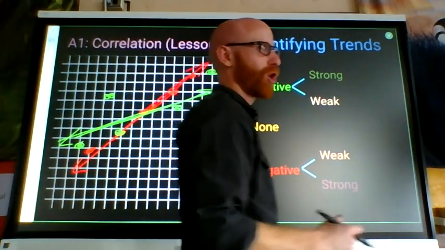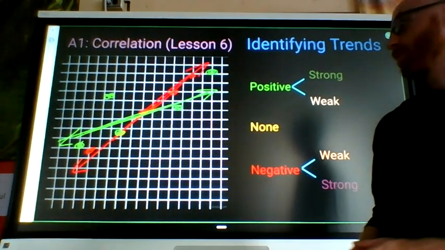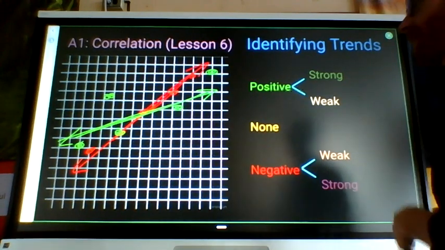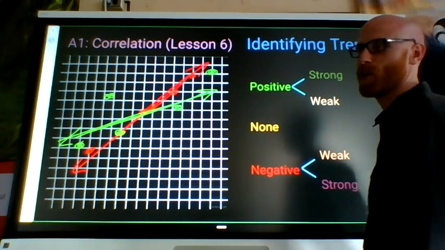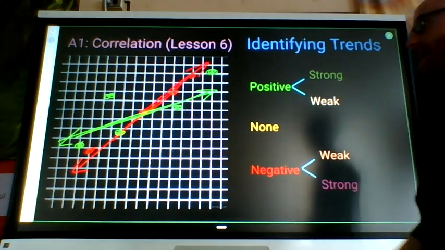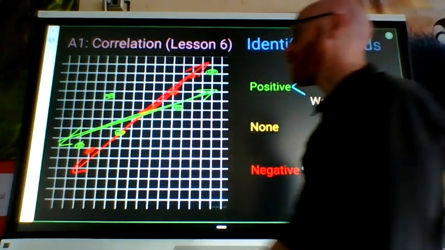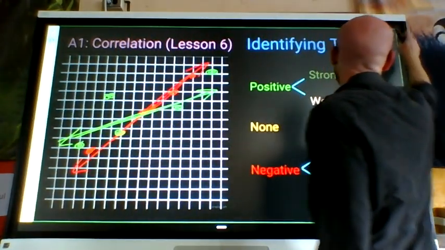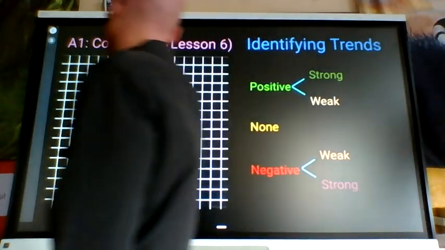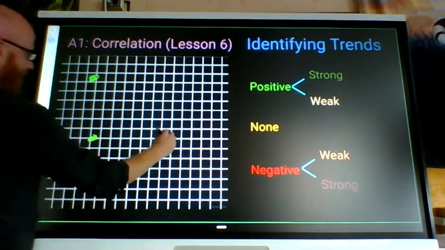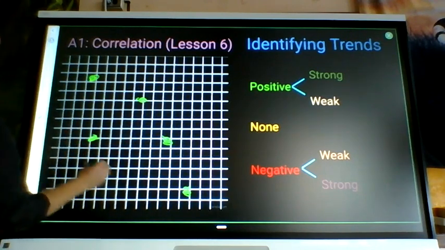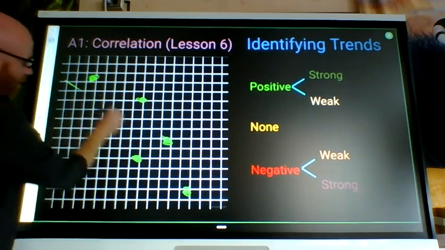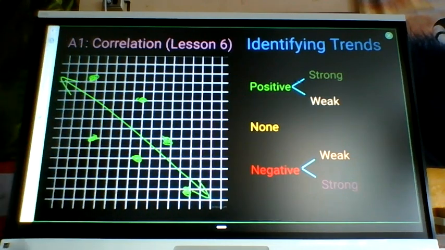If you have a strong negative correlation, you're going to be able to draw a negatively directed line, a line that goes down from left to right, that all of the points hug very closely to, right? And if you have points scattered about, still traveling negatively, but not sticking close to one line, this would be a weak negative correlation.